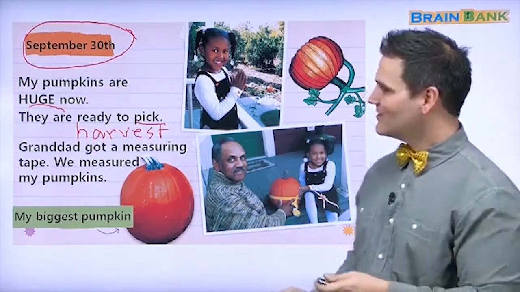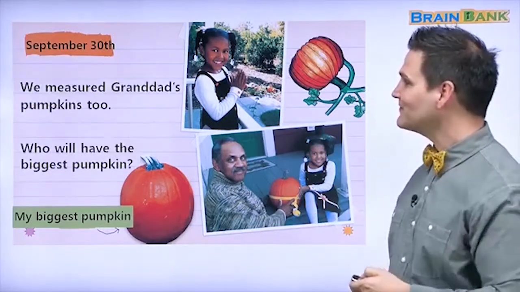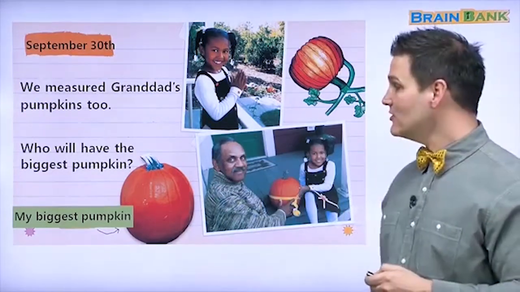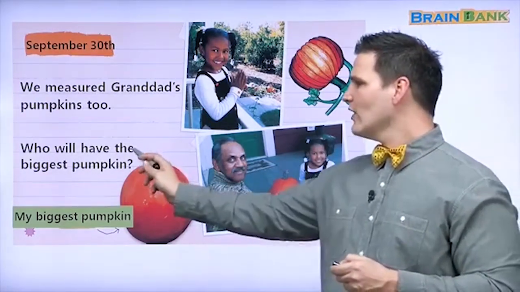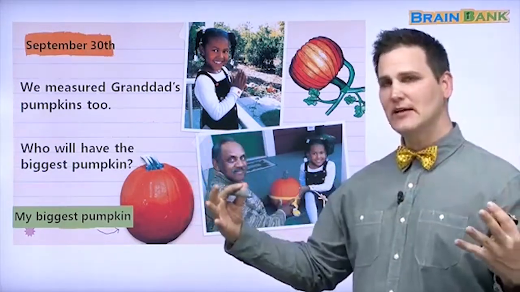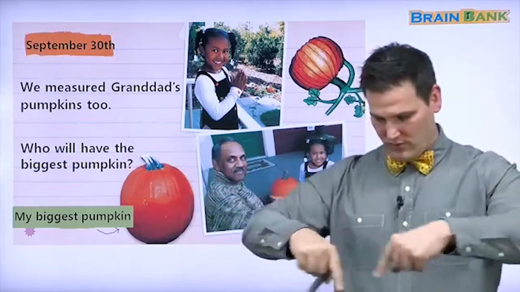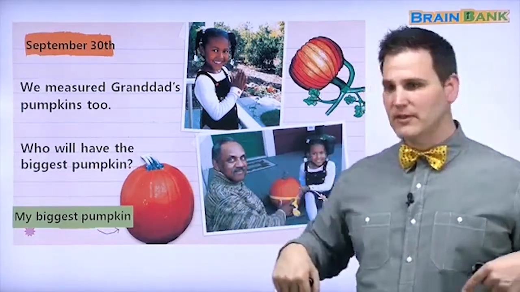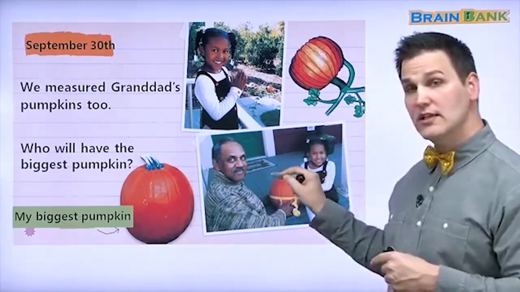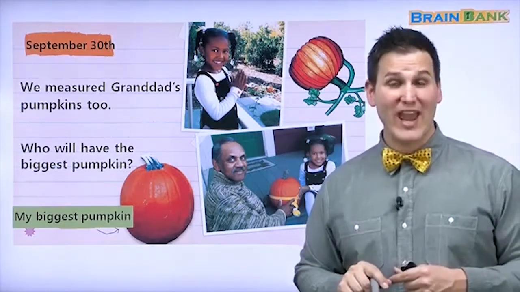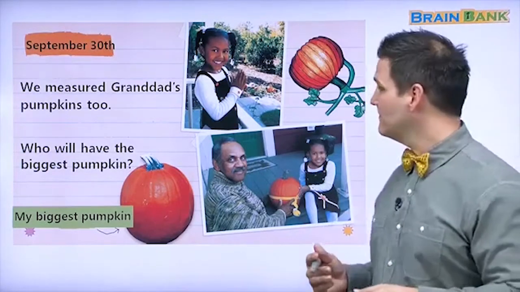Okay, let's look and find out. We measured Granddad's pumpkins too. Who will have the biggest pumpkin? Now, they're going to measure around the pumpkin. They're going to see whose is bigger and maybe how much they weigh, the weight.